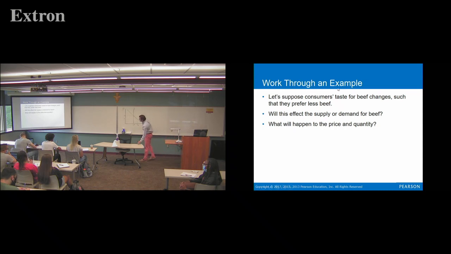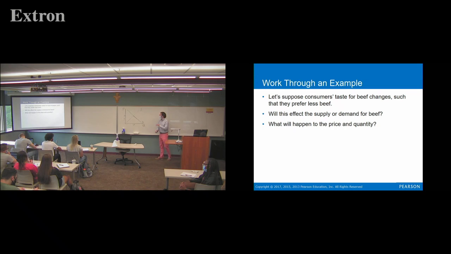All right, let's work through another one. Let's use the example on the PowerPoint. Let's say consumers' taste for beef changes, so they end up preferring to eat less beef than before. This is going to affect the supply or demand?